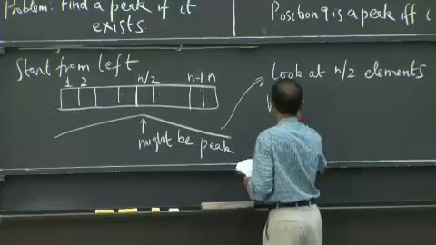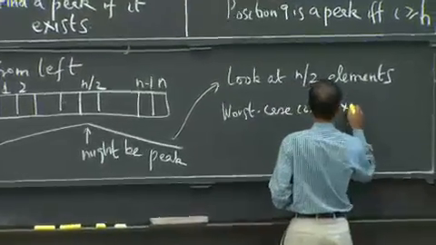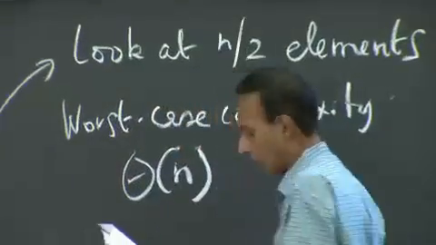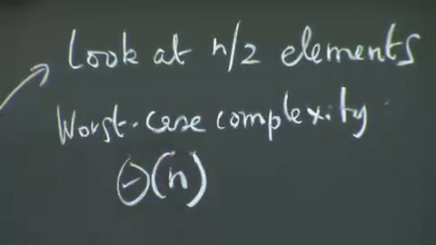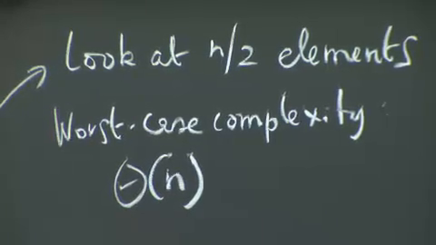And the worst case complexity is what we call theta n. And it's theta n because in the worst case, you may have to look at all n elements.